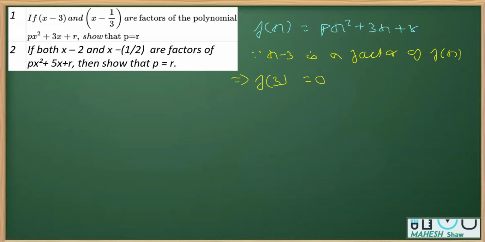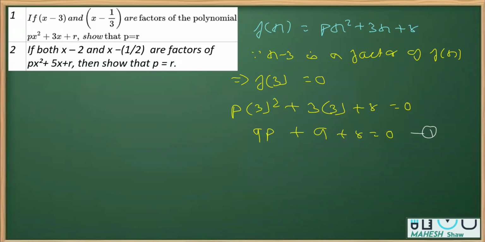So this is p times 3 square plus 3 times 3 plus r is equal to 0. I can simplify it: 9 times p, because 3 square is 9, plus 9, since 3 times 3 is 9, plus r is equal to 0. I mark this as equation 1.